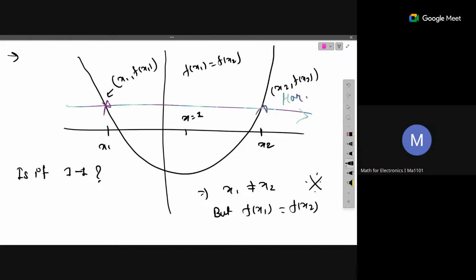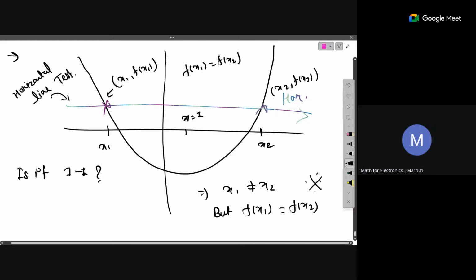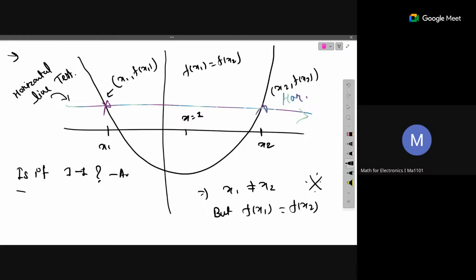This is also known as the horizontal line test, if you guys remember. So, horizontal line test. Now, what can you say about onto? Is it onto? So the answer is no, it is not a 1-1 function. If you have a graph and you want to judge whether it's 1-1 or not, you just draw several horizontal lines.